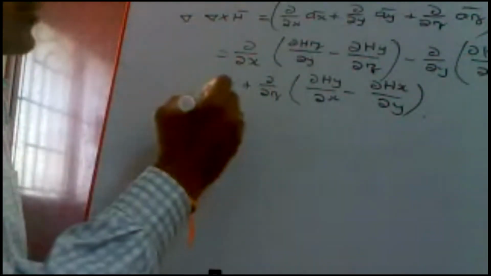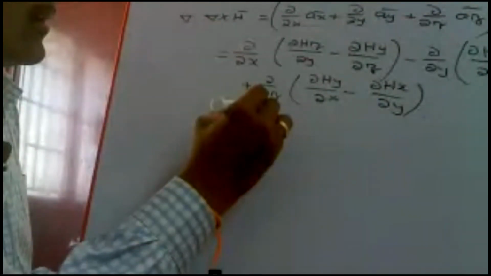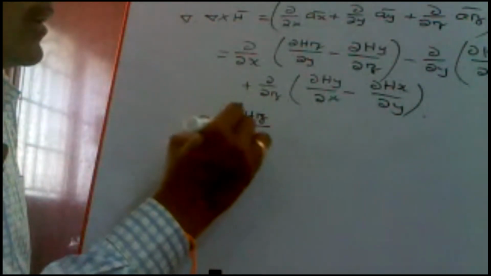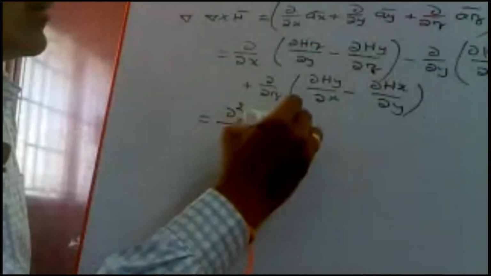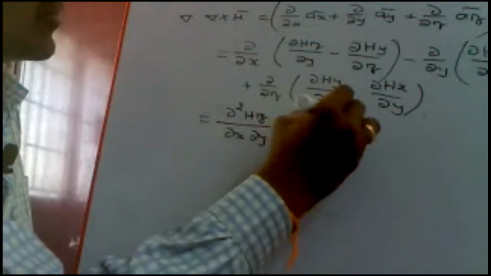So next step, what I am planning to do is we have to multiply the terms. So it becomes dou square hz by dou x dou y minus dou square hy by dou x dou z.